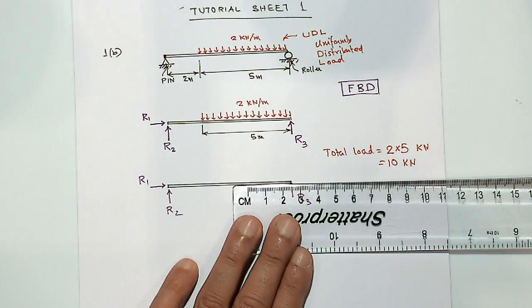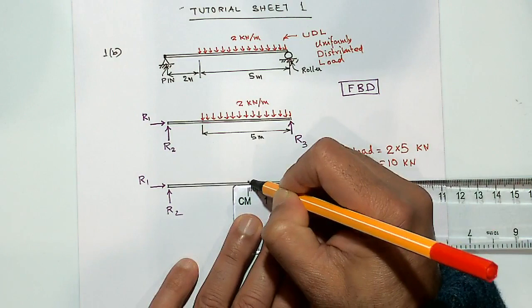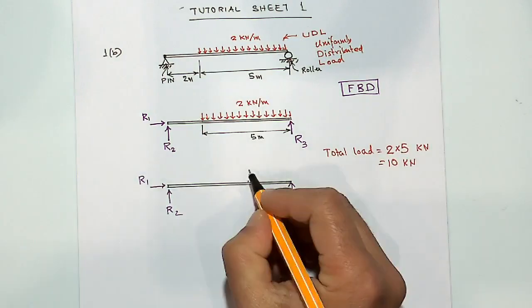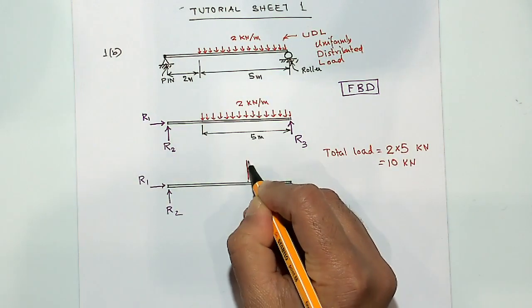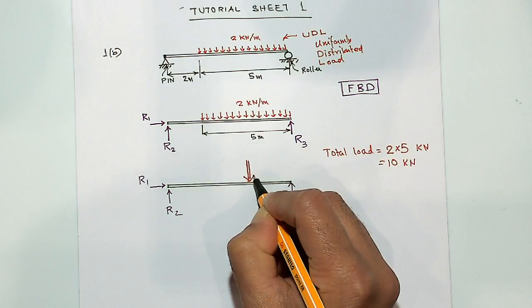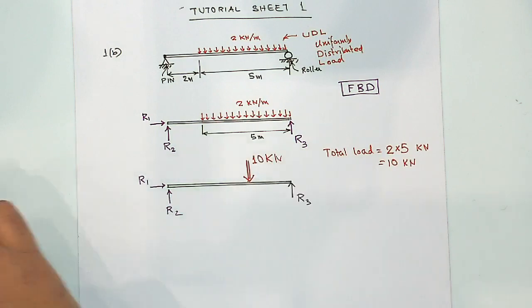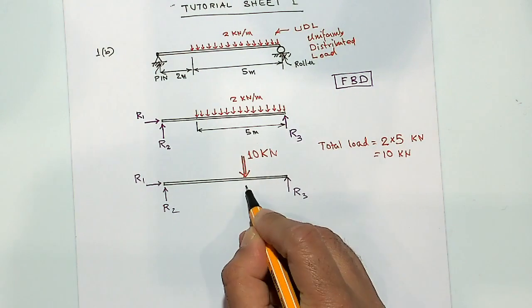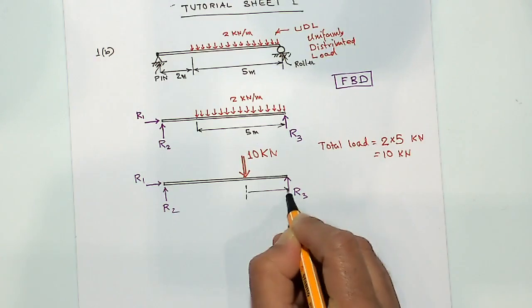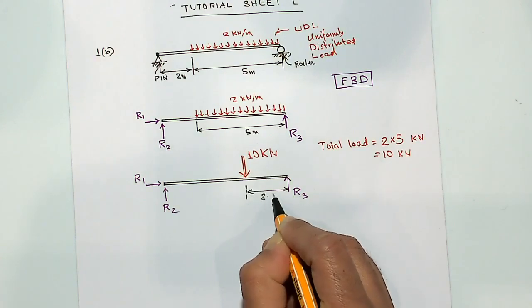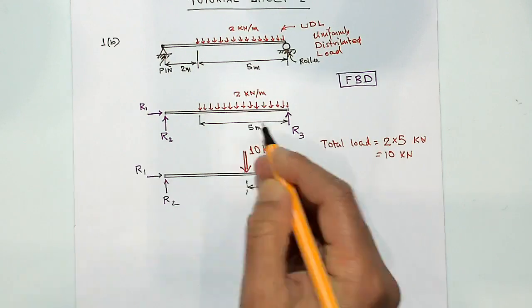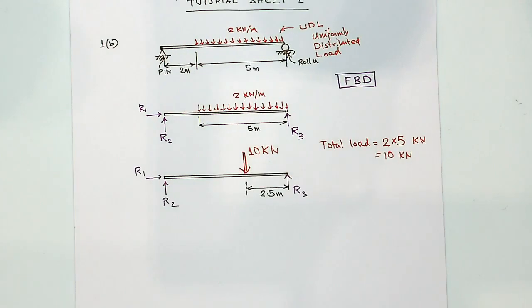So 2.5 meter from the right hand side is here, and I'll replace that with a big arrow and I'll say this is 10 kilonewton and it is acting at a distance of 2.5 meter. So 2.5 is half of 5 meter over there.